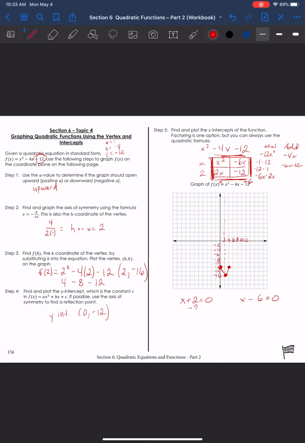So solve for x. x equals negative 2, and x equals a positive 6. So I can plot negative 2 and positive 6, and then I get a much more accurate parabola, just like that.